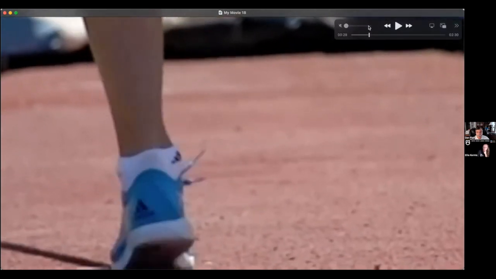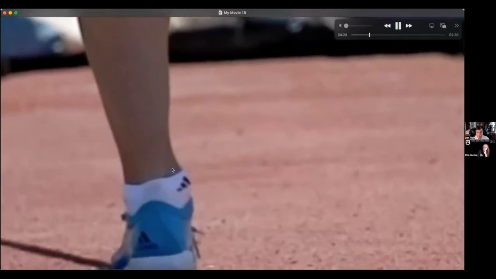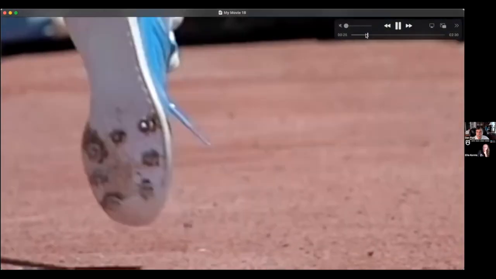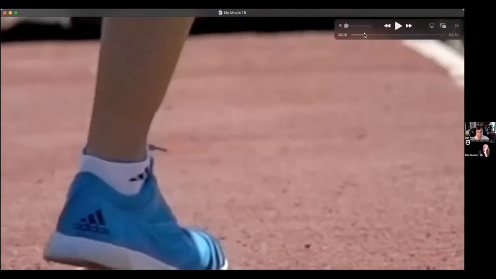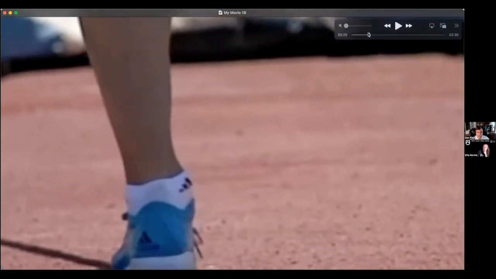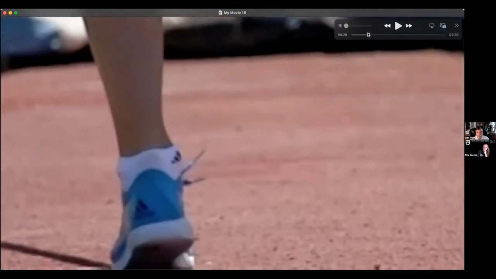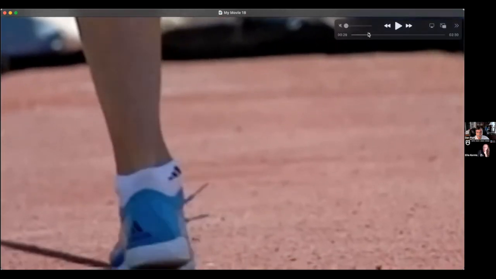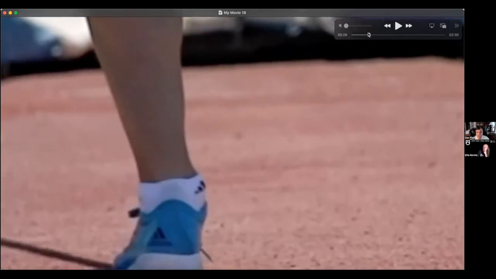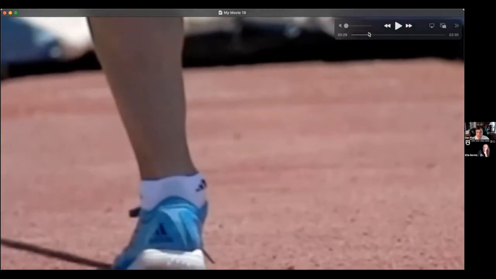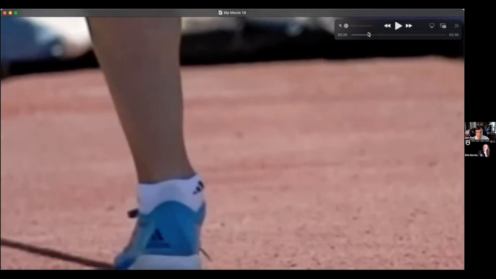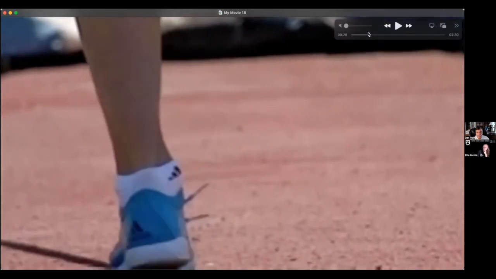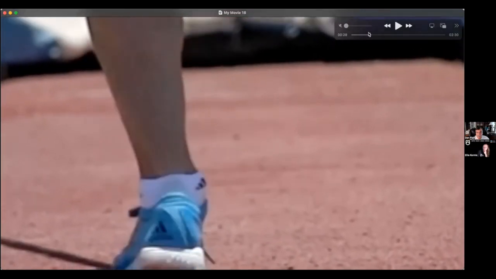You can see if you look at the medial malleolus of the ankle there, you can see quite a bit of dumping, what we call medial dumping. That ankle really rotates and dumps medially. And that puts a lot of stress on the Achilles. Obviously, a lot of the posterior chain muscle groups, soleus, plantaris. So that's a concern. We monitor how far this dumping is occurring and the speed of the dumping.